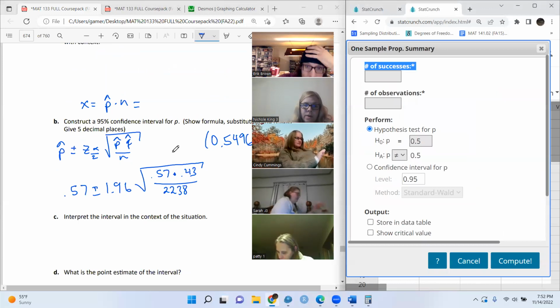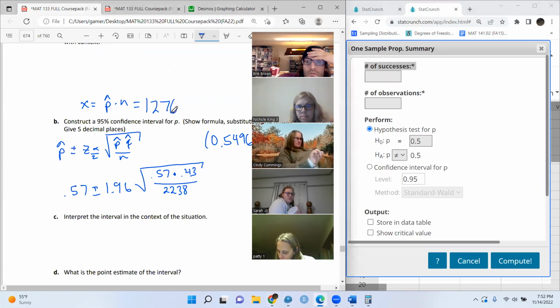So I had the formula there, but I did forget to find X. And I also hadn't written down what the success and observation was either. It's written down now. You got it.